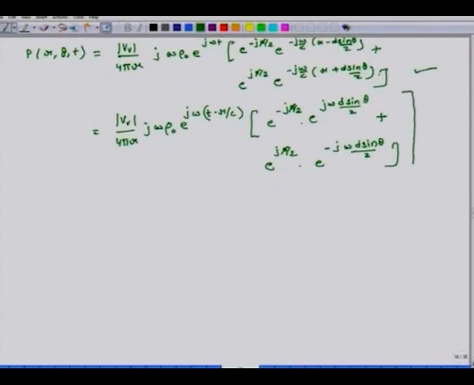So, this is my further simplified expression, where I have taken R outside the parenthesis and clubbed it with e^(j omega t).